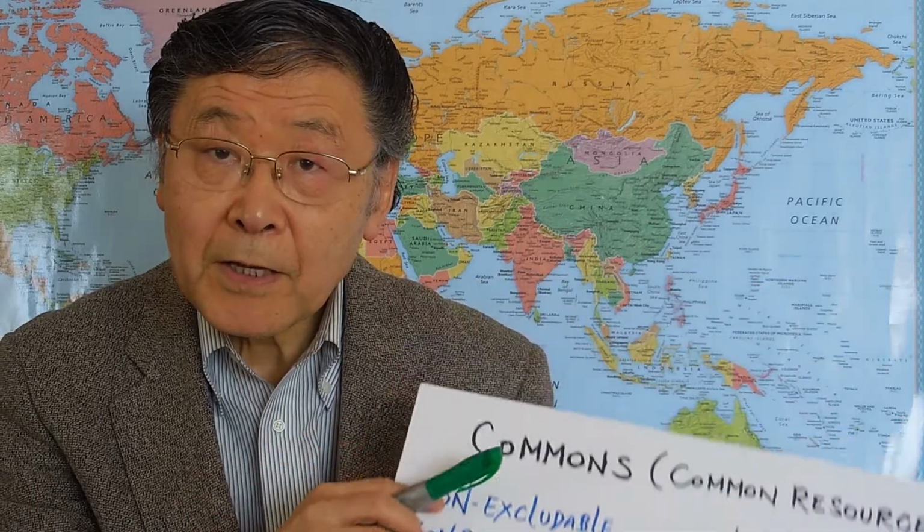The story goes something like this: in a village, people raise cows, and if too many cows eat too much grass in the common ground, all the grass is gone and the roots are all eaten up, and the grass cannot be replenished.